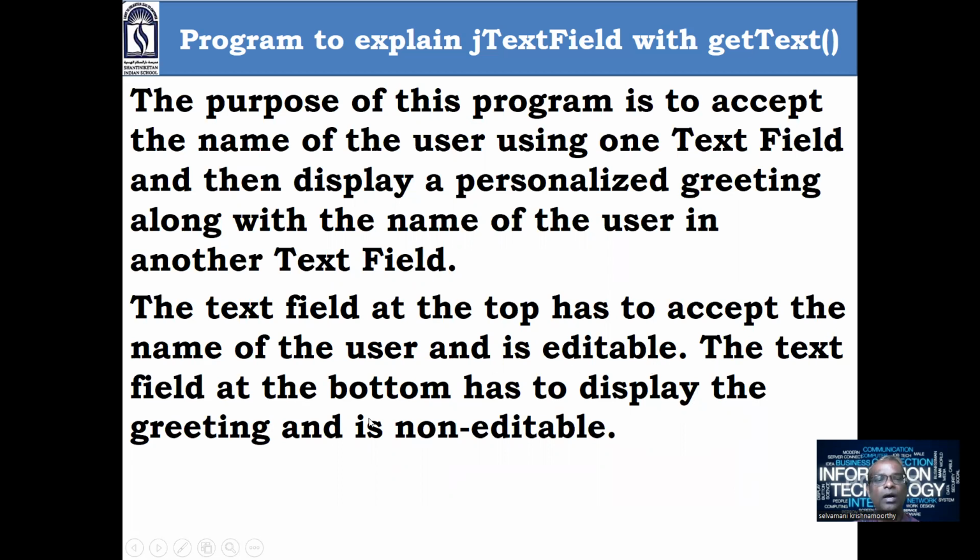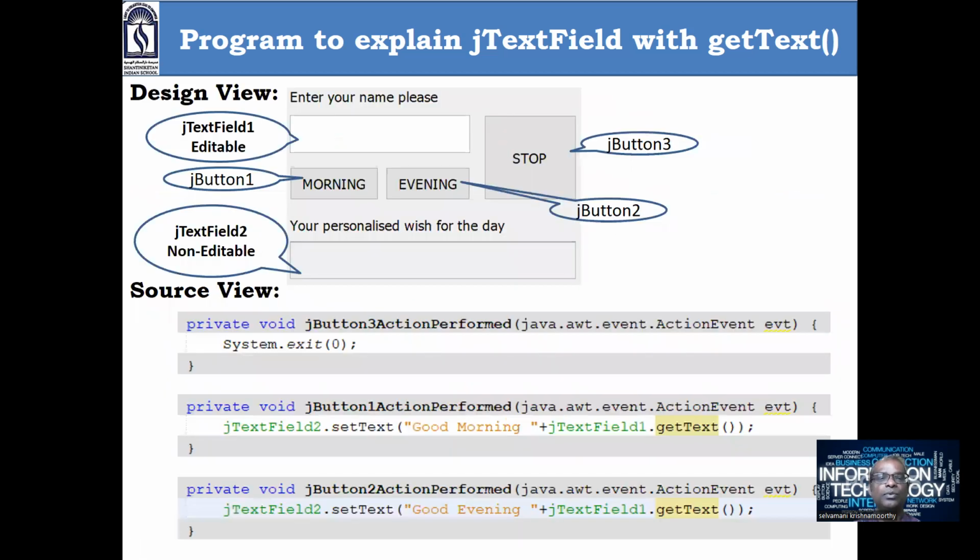See, here I can type, but here I should not type. That is why text field 1 is editable and text field 2 is non-editable. The text field at the bottom has to display the greeting along with the name, like good morning, Selva. And it is non-editable. Non-editable means I should not type text here. It is fine. This is what our aim is. See, this is the design view. My design view should contain jTextField1 and jTextField2. jTextField1 should be editable, true.